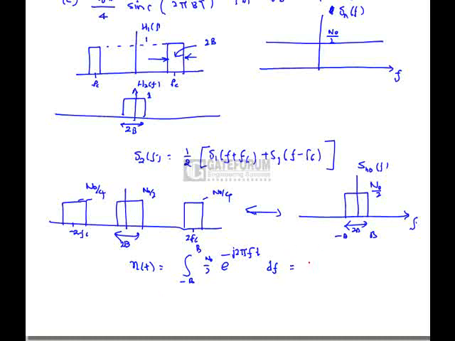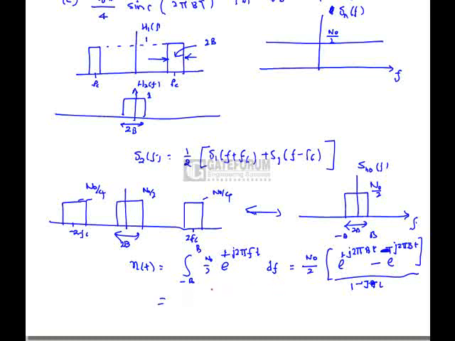which is nothing but N0 by 2 times e to the power j2 pi bt minus e to the power minus j2 pi bt, divided by j2 pi t.